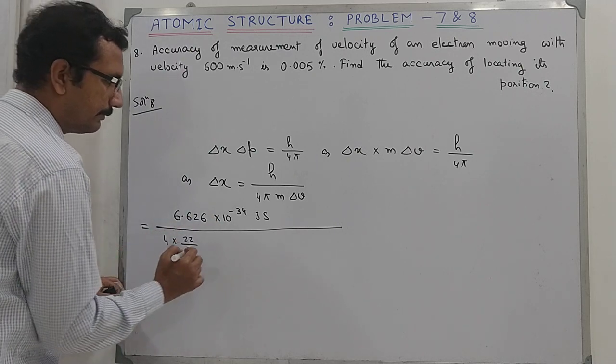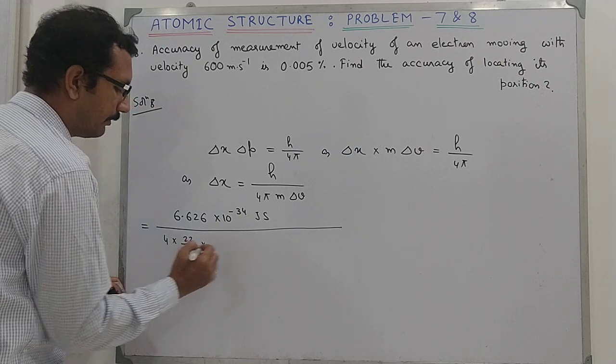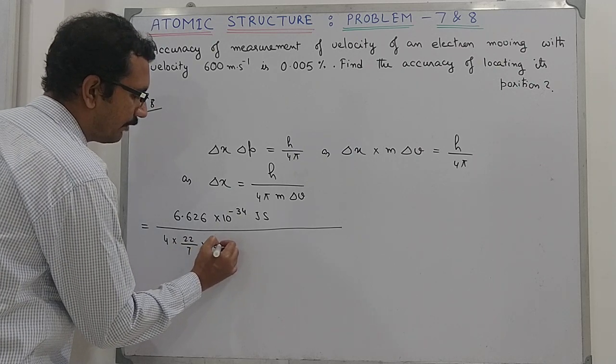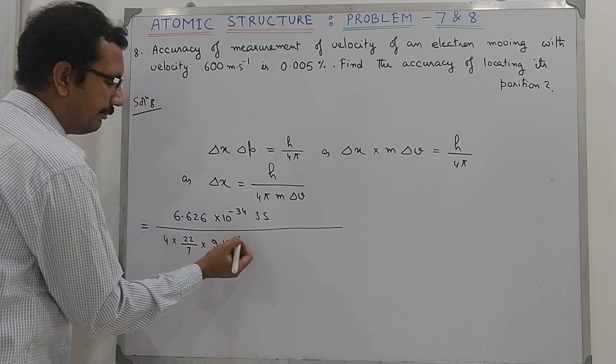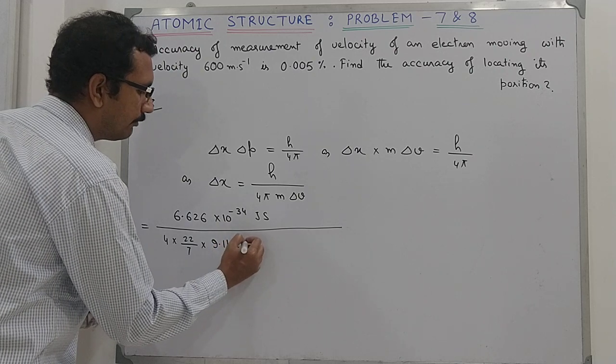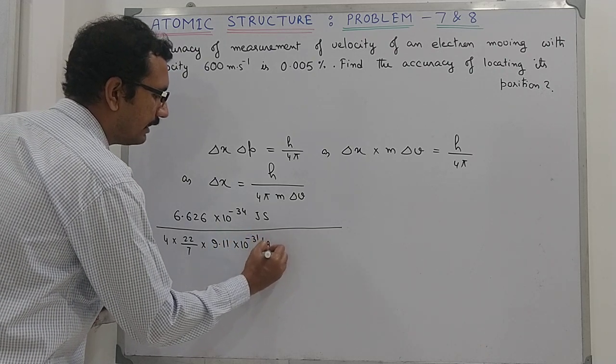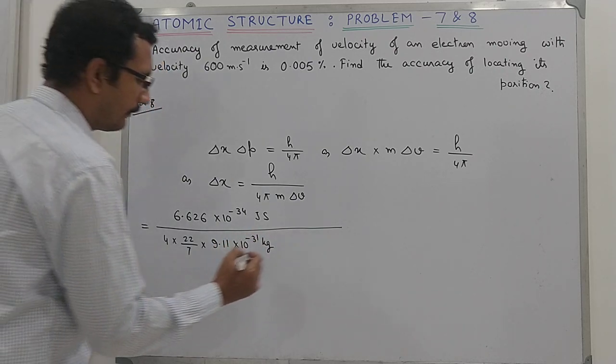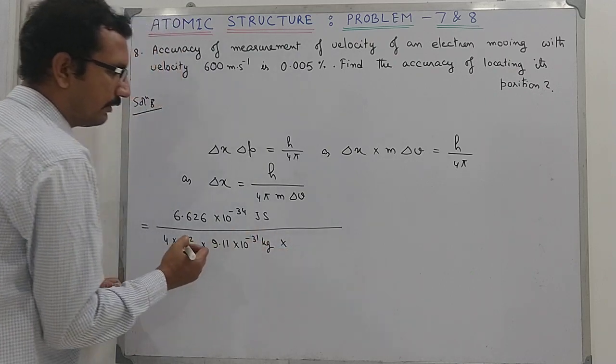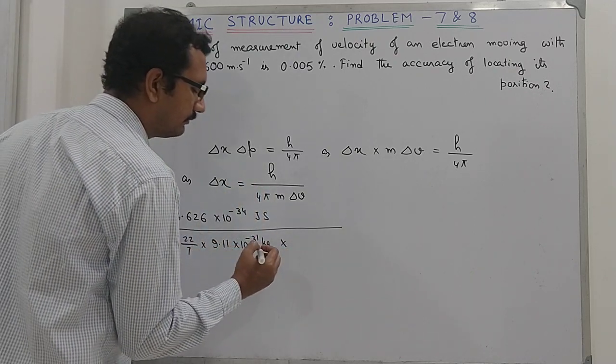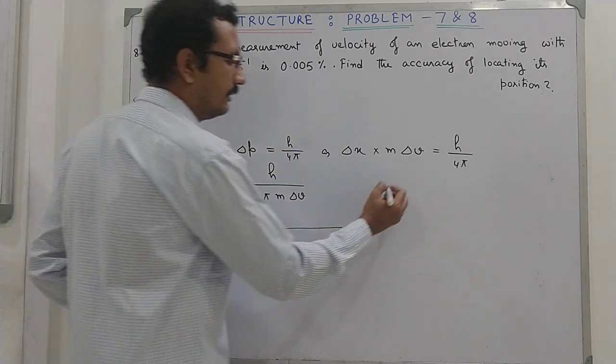It is a good approximation. And for mass we have the value 9.11 or simply 9.1 into 10 to the power minus 31 kg. This is the mass of the electron, and we have the uncertainty in velocity.